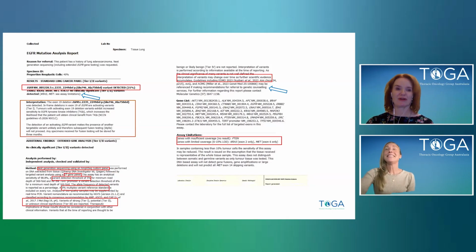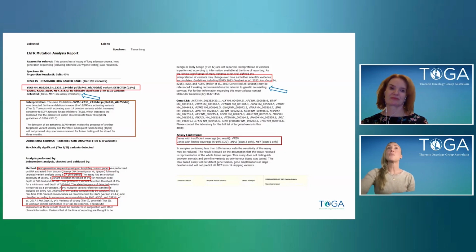There's a blue arrow for the line sort of 2 below that red box where it says KRAS MET C assay limitations. I'm pretty interested to know, and I think oncologists need to know, what does this mean?